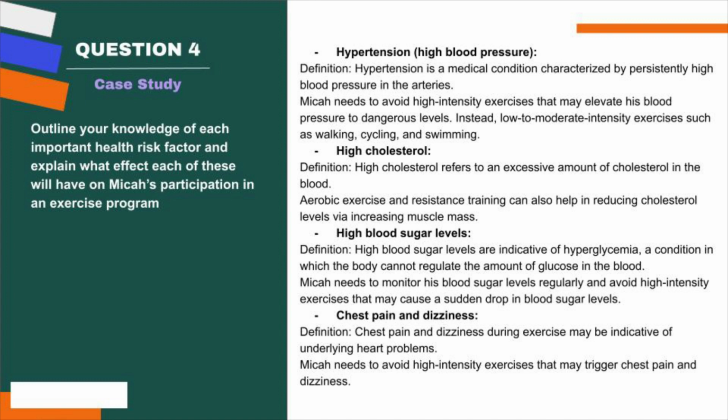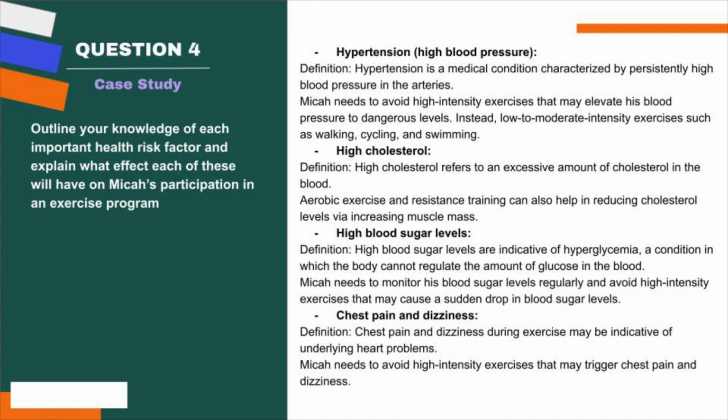Micah also has high cholesterol, which is going to increase his risk of cardiovascular diseases. So regular exercise combined with a heart healthy diet, as we talked about, focusing on improving his cholesterol levels, is important.